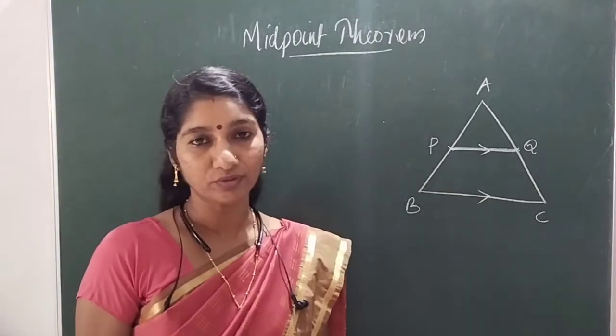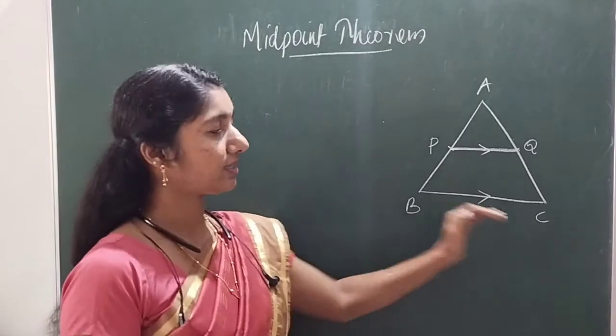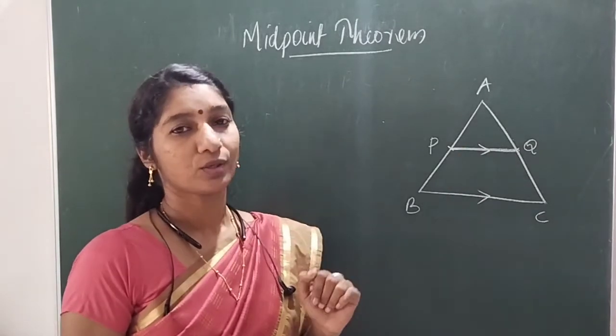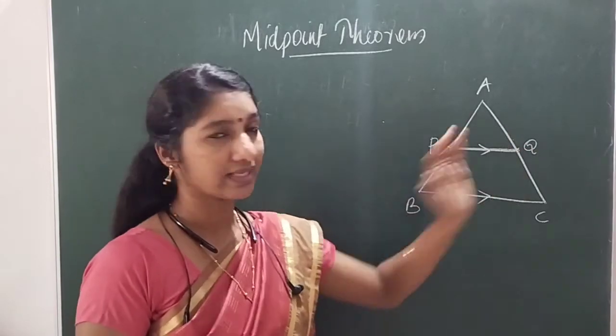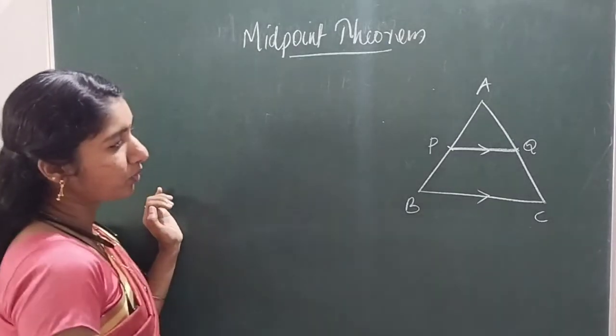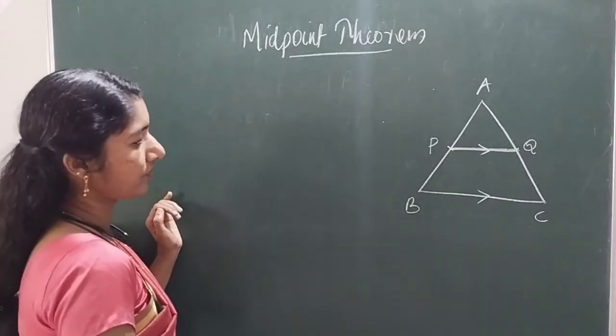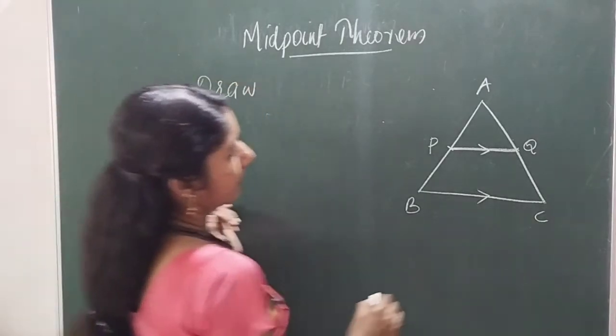So for writing the proof, you need to write like this: consider triangle ABC, comma, P and Q are the midpoints of AB and AC respectively. Then for proof, we need to do some construction. So that is like this: draw.